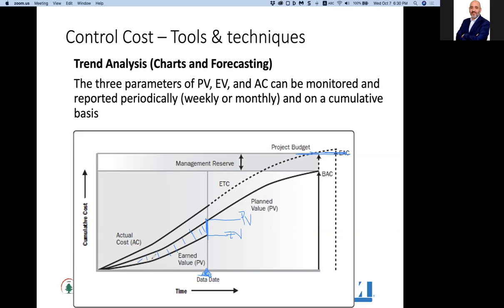We did not deliver and this is a negative variance. قلنا earned value minus planned value. earned value اصغر من planned value رح يطلع لي الفاريانس نيجاتيف. مزبوط؟ يعني اذا بتطلع على هالجراف بعرف من هون انه مأخر على سكجول.